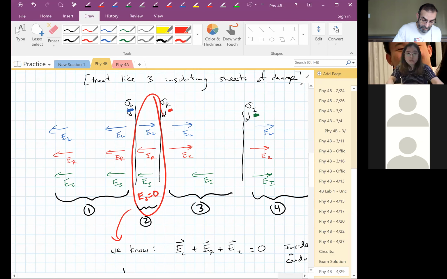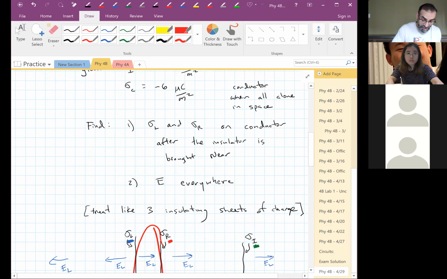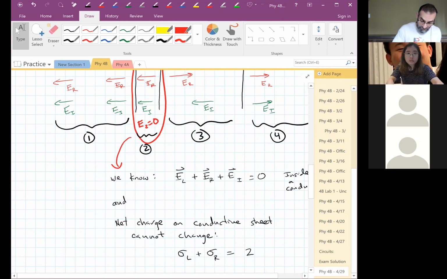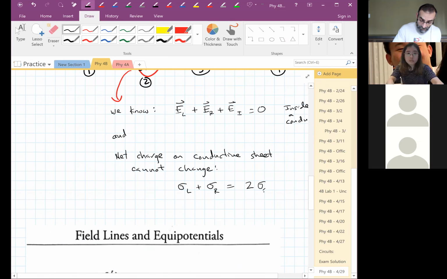What am I calling it? Sigma conductor. That was given.